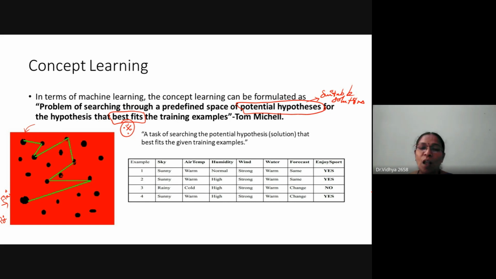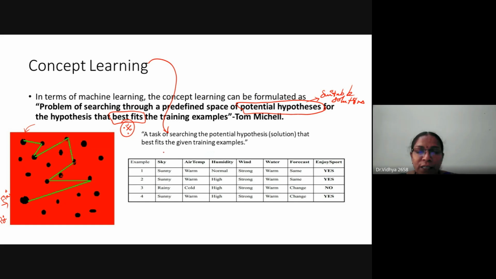Here we also have another definition: a task of searching potential hypotheses that best fit the given training examples is the basic or simple definition of concept learning. That is the best explanation for concept learning.